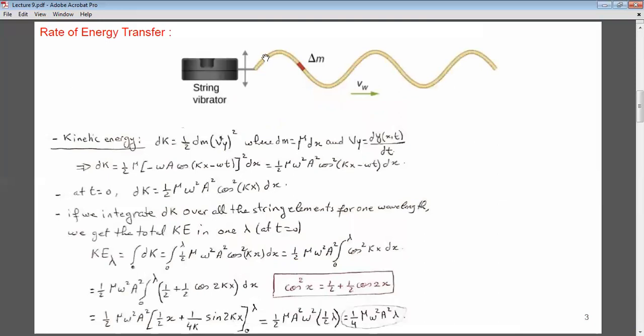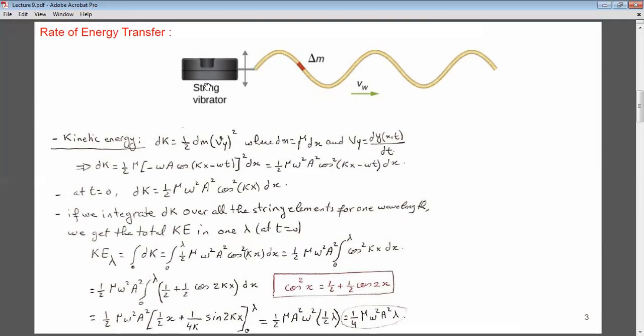Now imagine here that there is a string vibrator and there is a string attached to it from one end, and I am sending a wave along the string. The source of the energy is this mechanical vibrator or string vibrator attached to one end of the string. It makes the string move up and down.